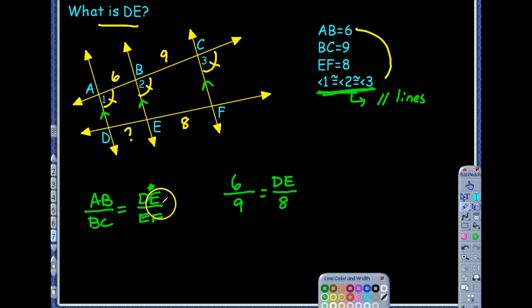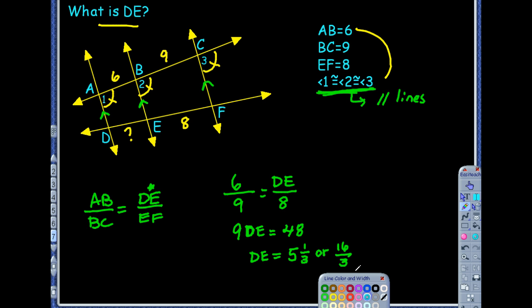Again, reminder, this can be written other ways; this is just one way of writing it. So you get 9 DE equals 48, and DE equals 5 1/3, or 16/3, however you want to write that.